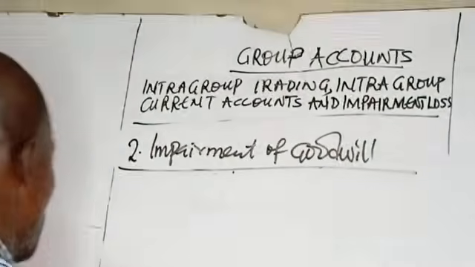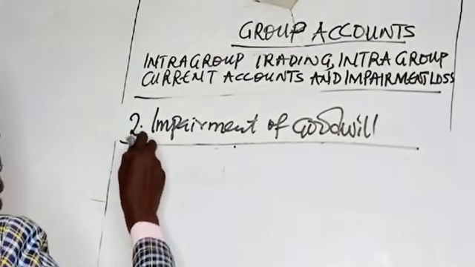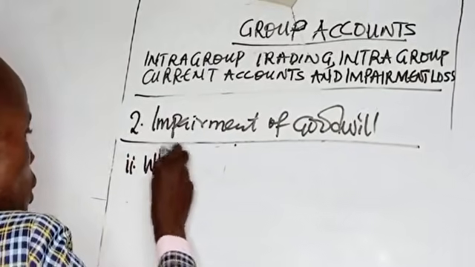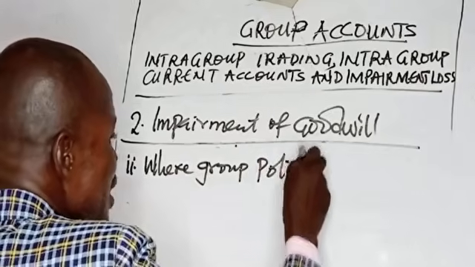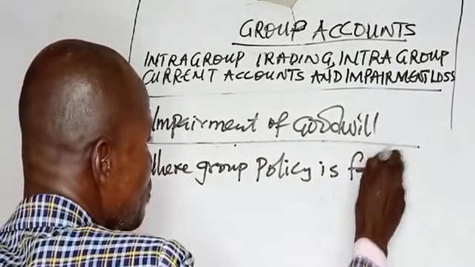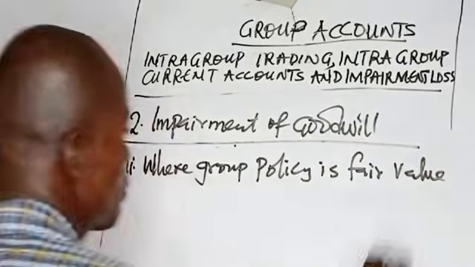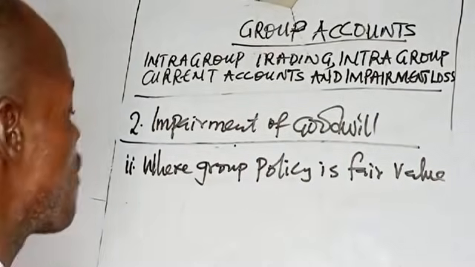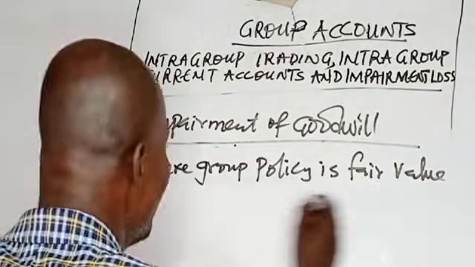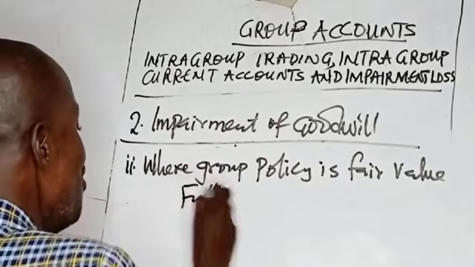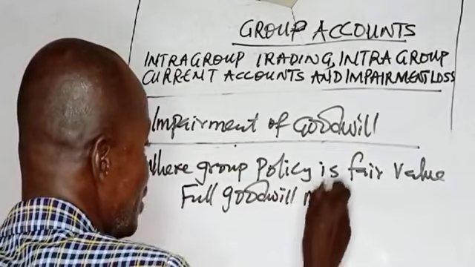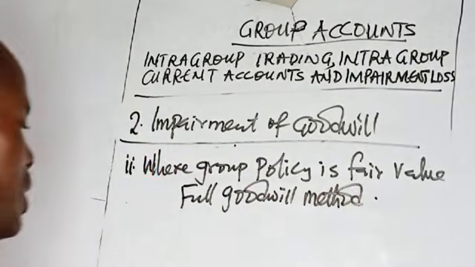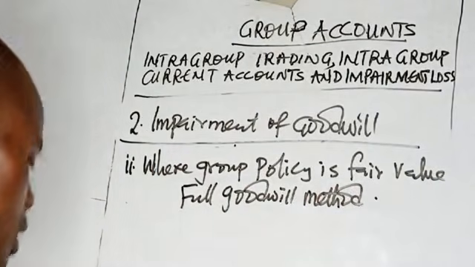Number two, where group policy is fair value. Another word for fair value is full goodwill method or new method. The proportionate is the old method.